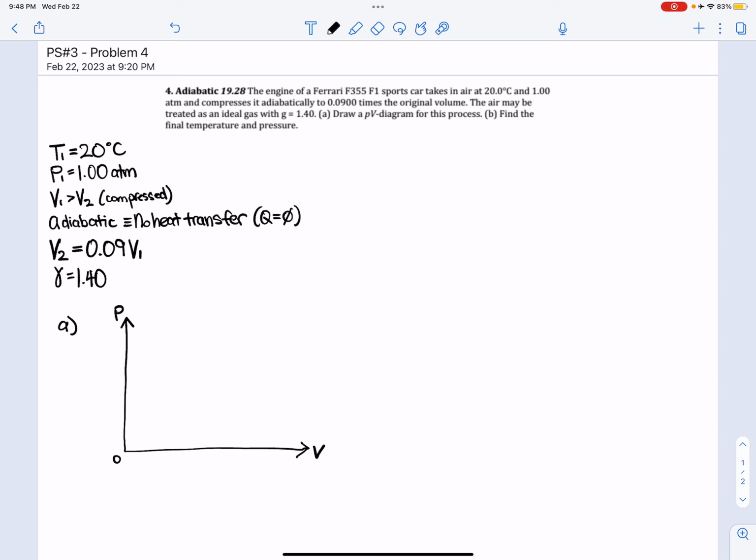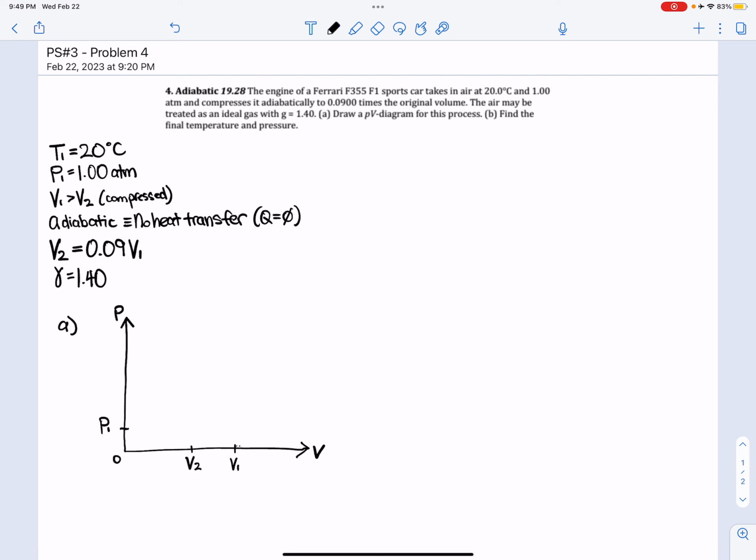I know that V1 is greater than V2, so here's my V2, and this is my V1. I know P1 is at 1 atm. I don't know the value of my P2.